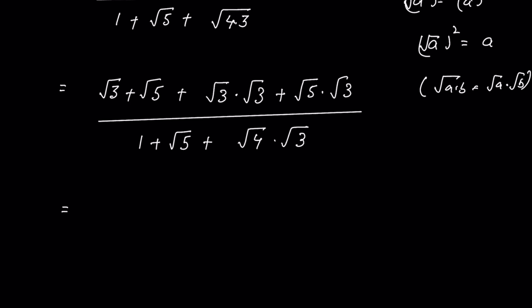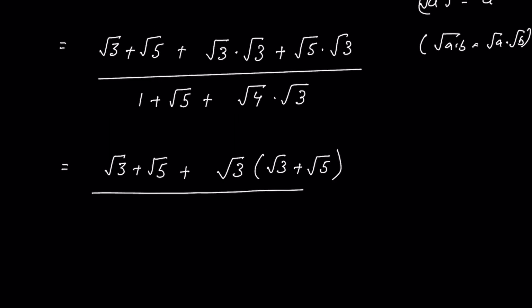Now square root of 3 plus square root of 5 plus, here we can take square root of 3 common and write square root of 3 plus square root of 5, then upon 1 plus square root of 5 plus 2 times square root of 3.